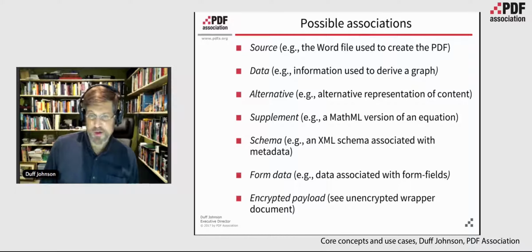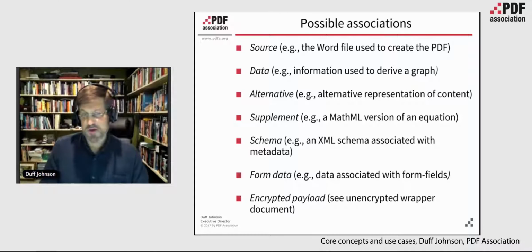files can deliver. So as I said, probably from a next generation point of view, the data association is very useful to be able to provide background or extractable information for a given graph, or tabular data, or a set of structured concepts, and so on. Alternative representations, supplements, schemas I've mentioned, and form data is also a possibility. I also mentioned encrypted payload.